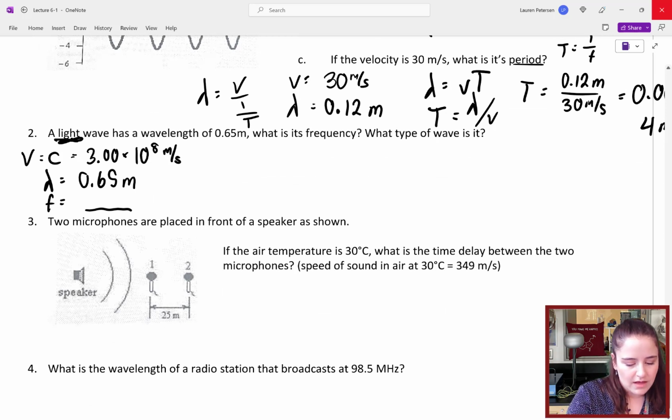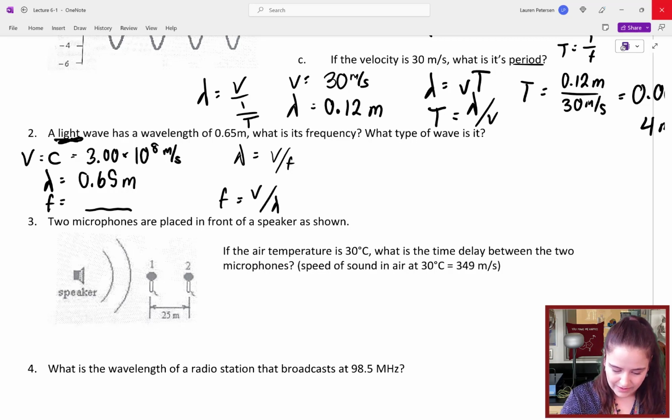Again, the equation on your equation sheet is wavelength equals velocity divided by frequency. Reorganizing that for frequency, we would have frequency is the speed divided by the wavelength.